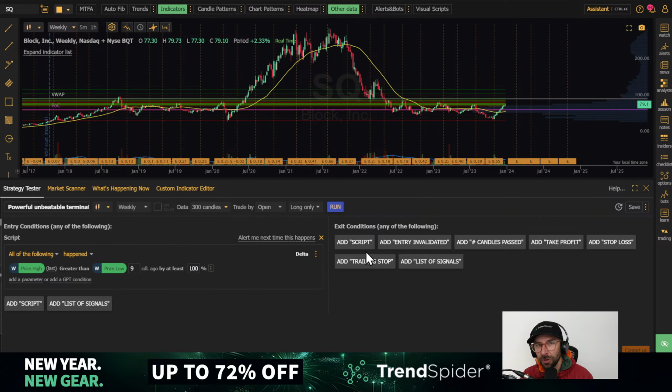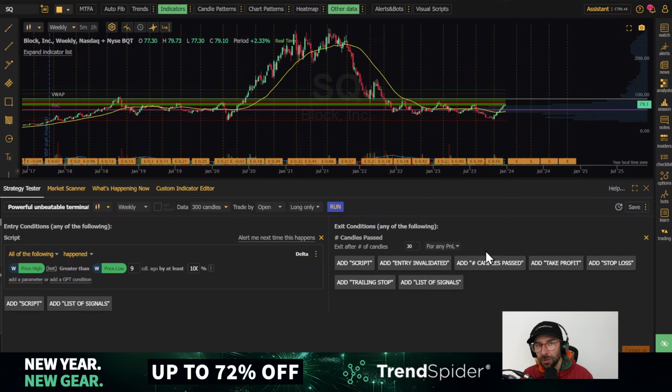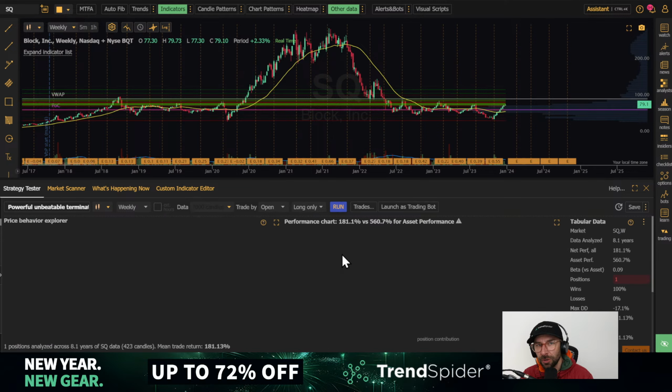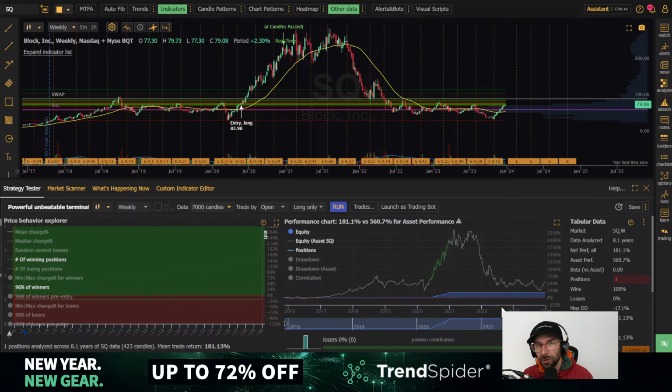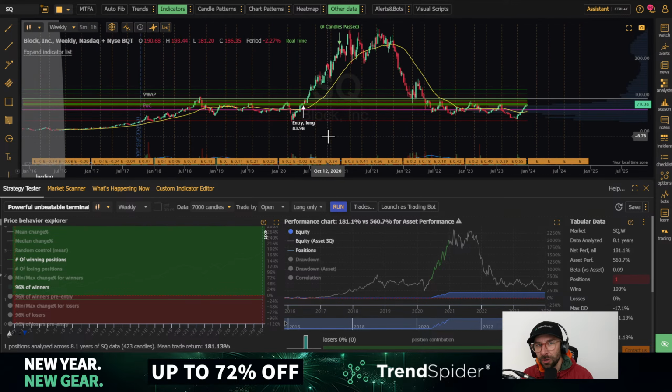Just want to see if it's happened before. Interesting. What we're seeing here is similar to the COVID lows, where it came into previous highs and it just, wow, it just ran.